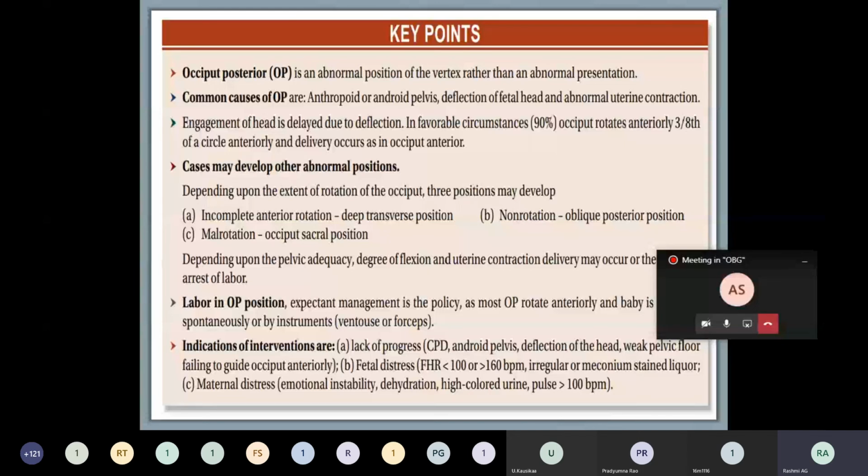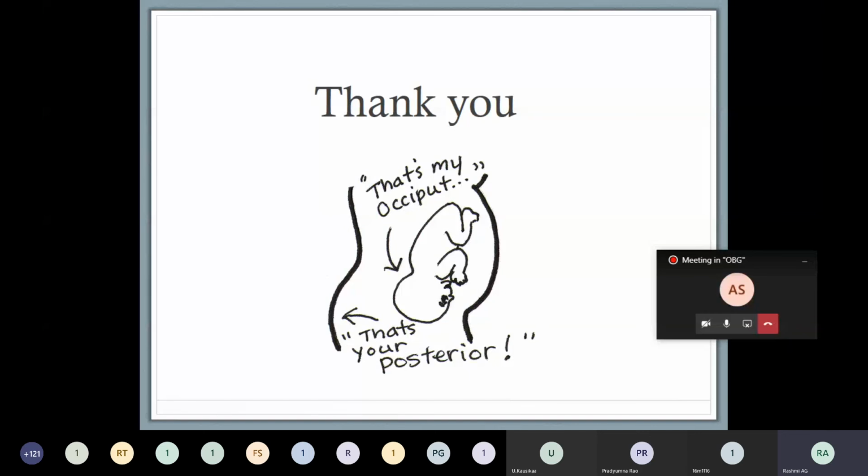Or sometimes there is maternal distress wherein she is having dehydration, high tachycardia, high colored urine, or the patient is highly uncooperative and emotionally unstable. In such cases, we may need to intubate. So that ends your class on occipital posterior position.